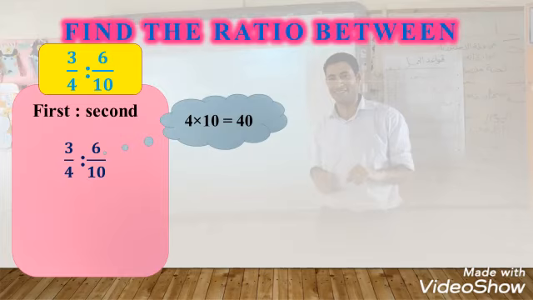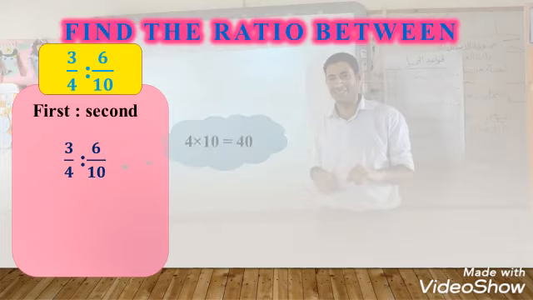In this case, we find 4 and 10 in the denominators. Then we will multiply 4 and 10, the result will be 40. Then we will multiply by 40.